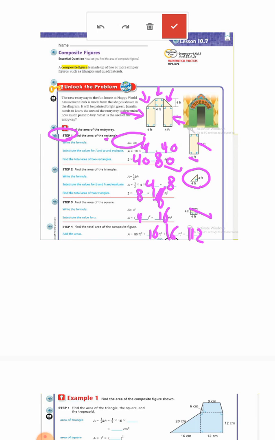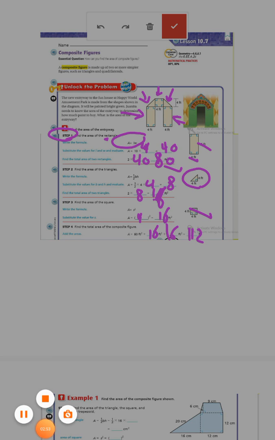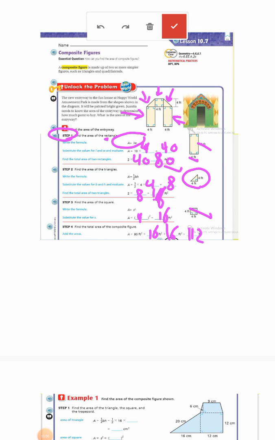Excellent. This is the area of the whole figure using the composite figure. We found the area of each one, then we add them together.